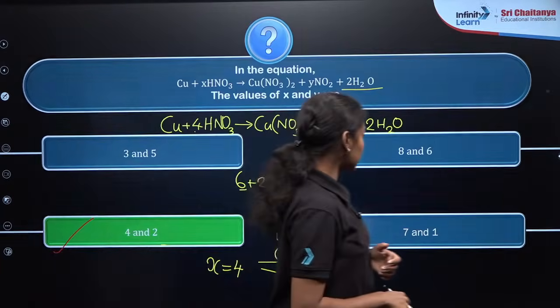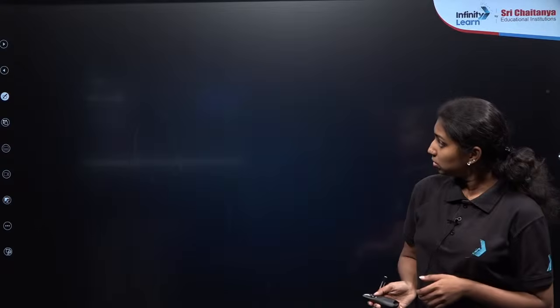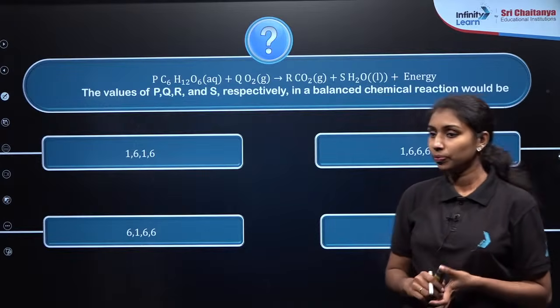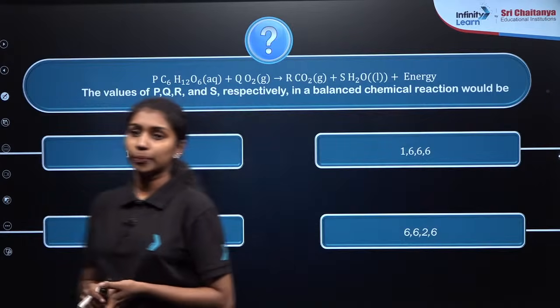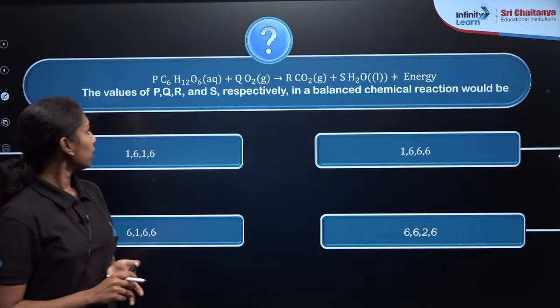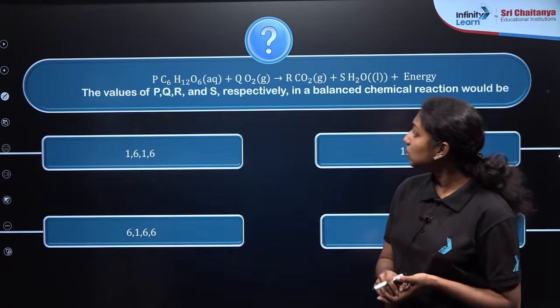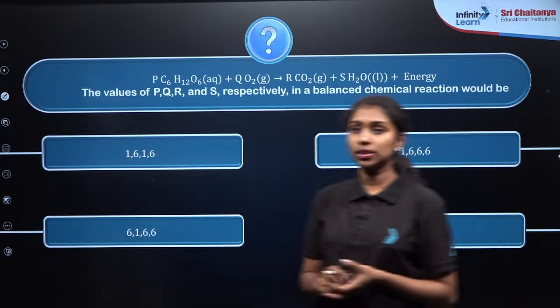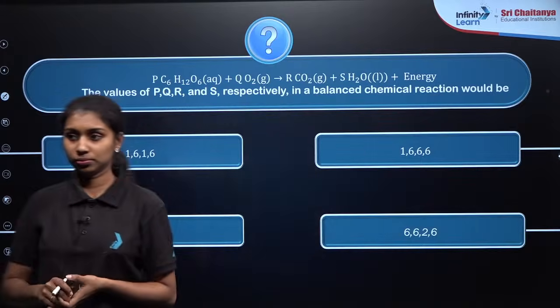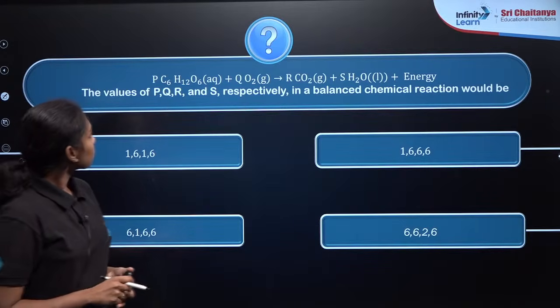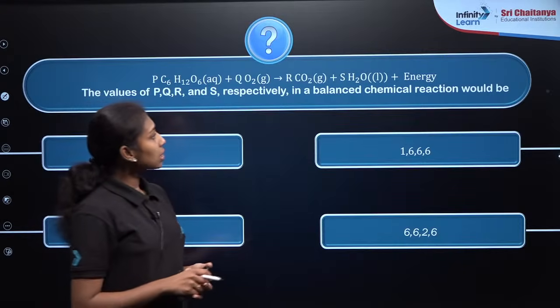Okay, now we are moving to our next question. Again, balancing of chemical equation here. This is a reaction. Glucose is converting to carbon dioxide and water, right? So P(C6H12O6) plus QO2 gives RCO2 plus SH2O.